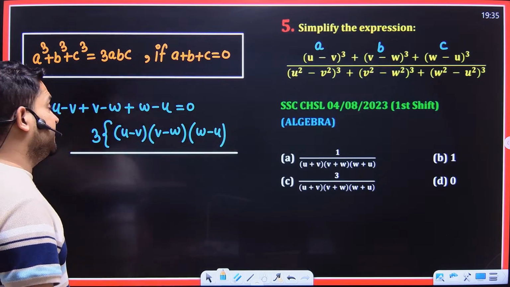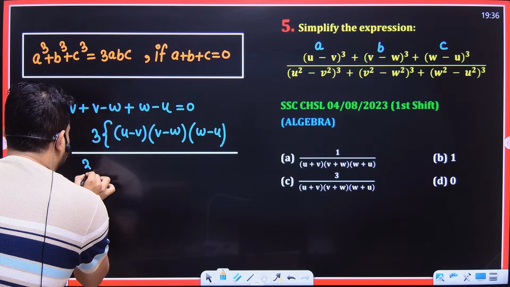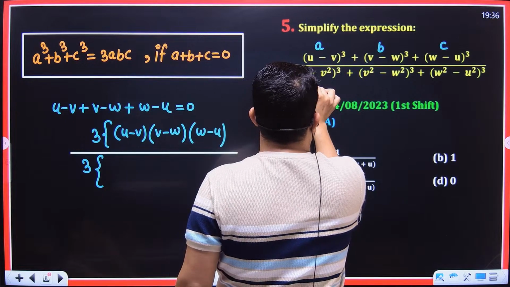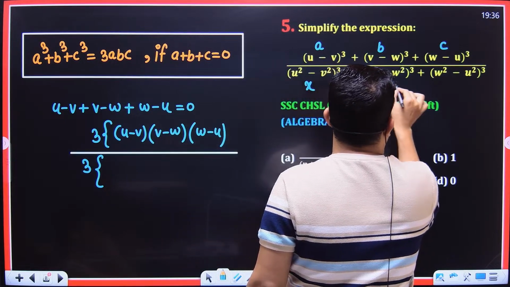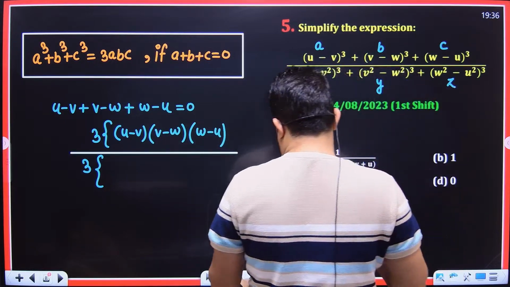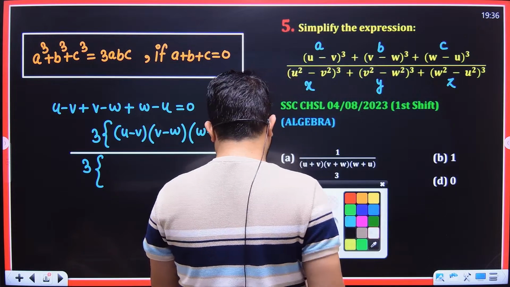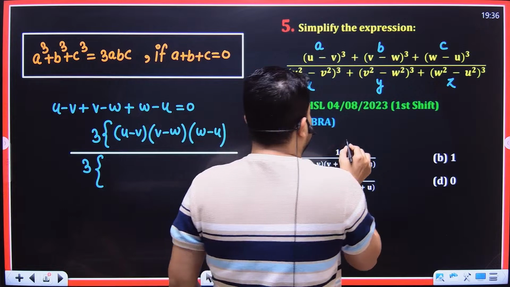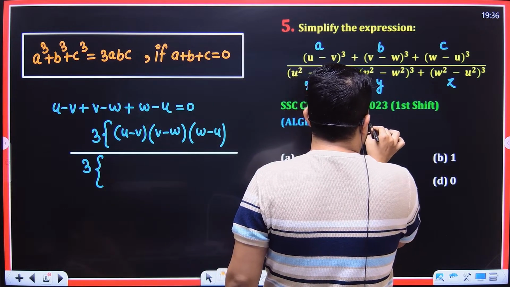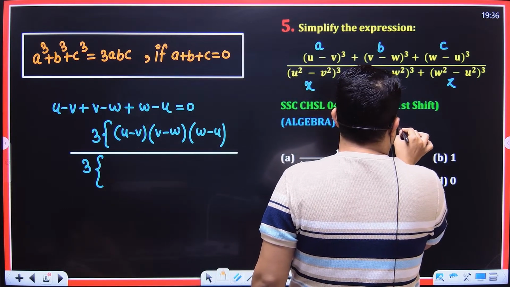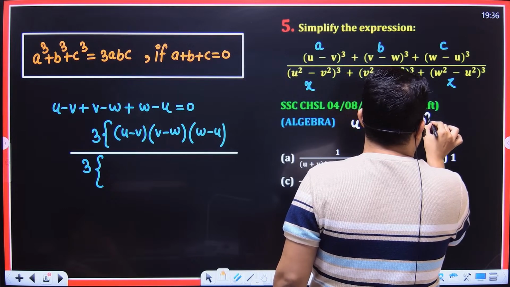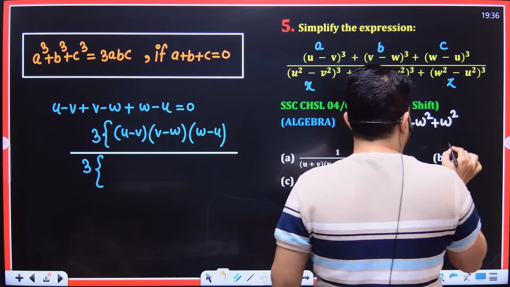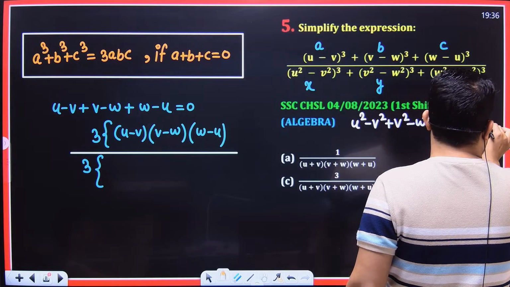In the denominator, we have the same condition. If I take it as x, it as y, and it as z, here we have x cube plus y cube plus z cube. If I add them, then again I have 0. u square minus v square plus v square minus w square plus w square minus u square is equal to 0.